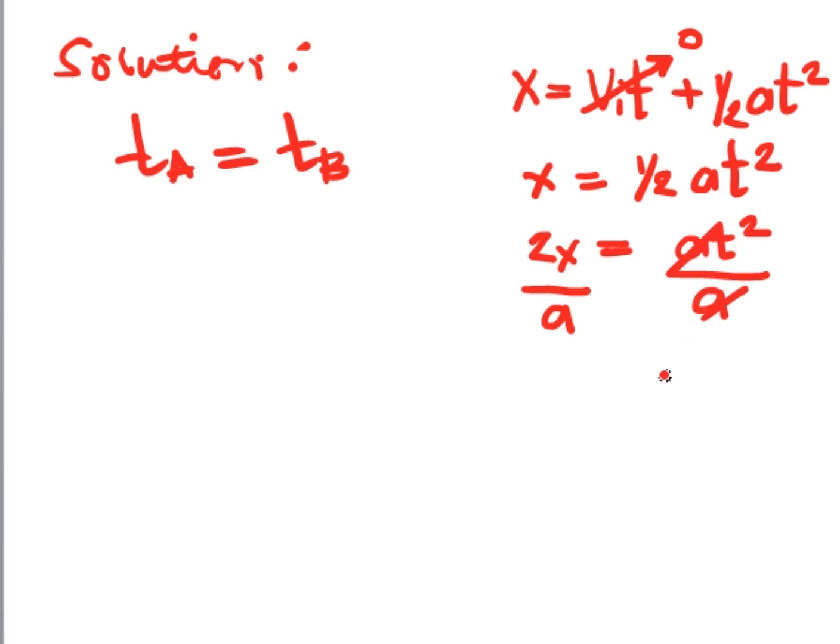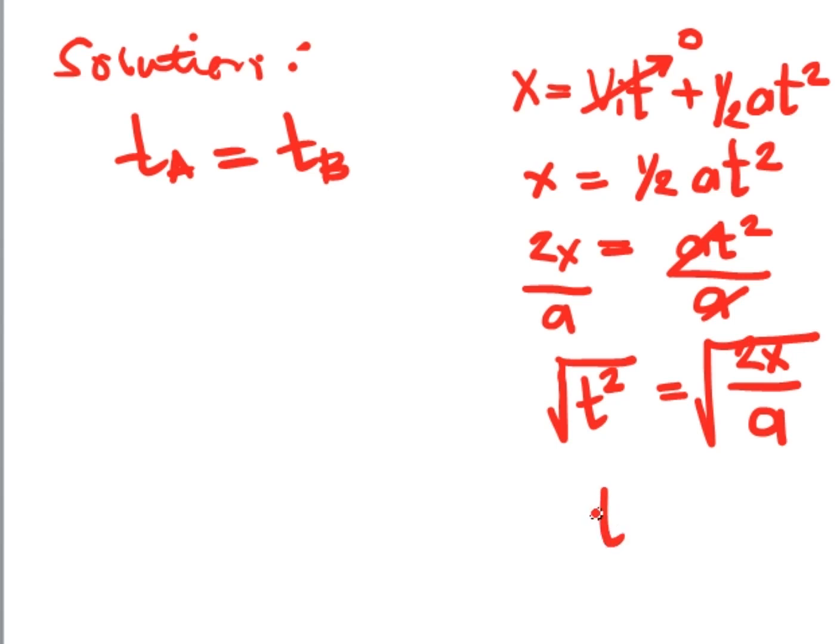This will be cancelled. So what is left is t squared. T squared is equal to 2x all over a. But to get t, we just need to get the square root of the right side.